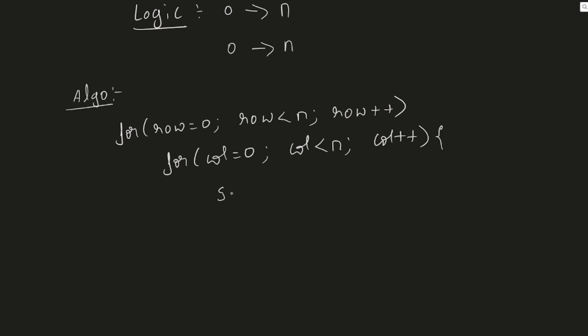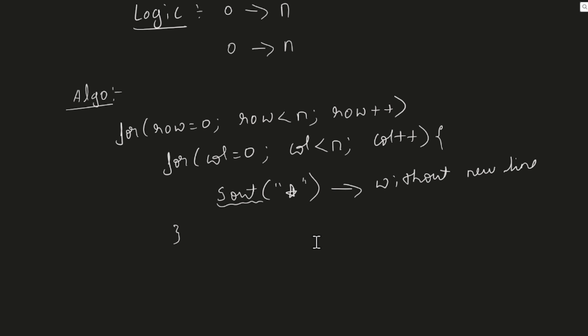And inside this, we will have a System.out which will print a star, and this should be written without a new line. And we are done with the inner loop.